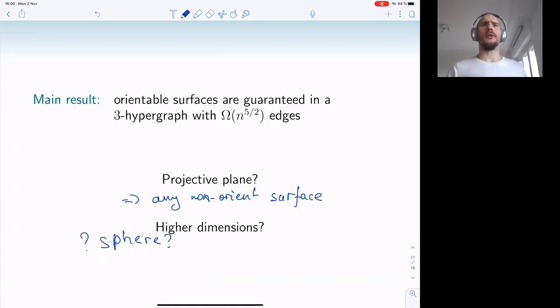I don't know. Where r is the uniformity, and you can use this double pyramid argument somehow inductively. You look at the intersection of the link hypergraphs of two vertices, and then it has sufficiently many edges under certain conditions, and then you find a sphere in that hypergraph.